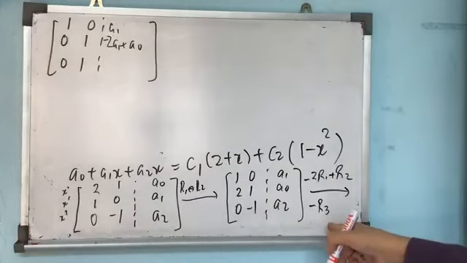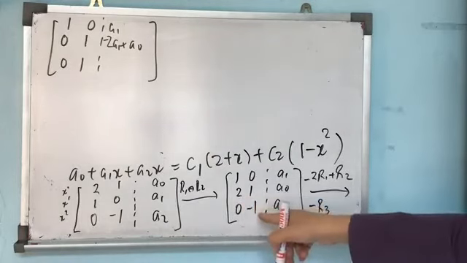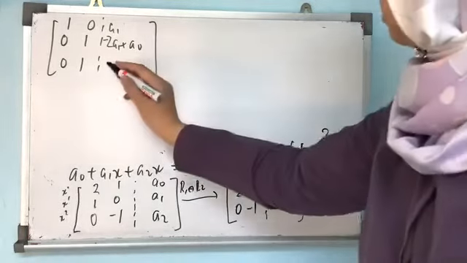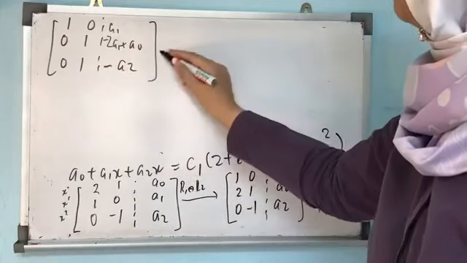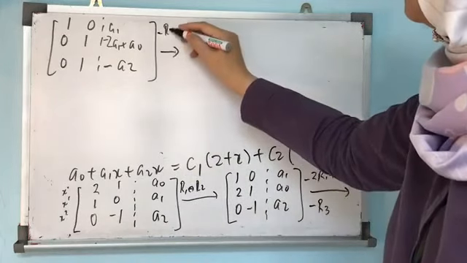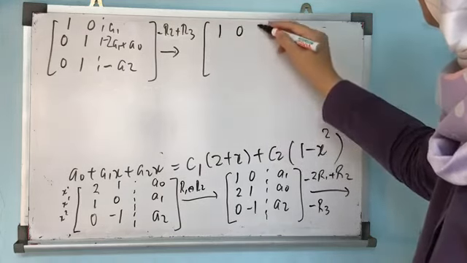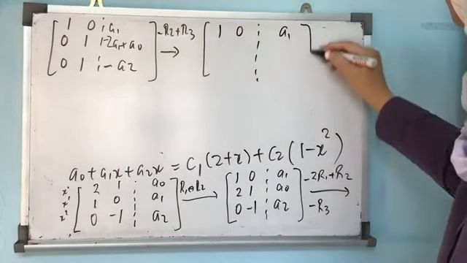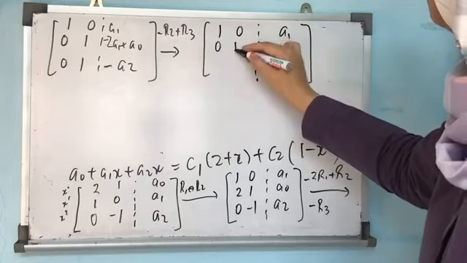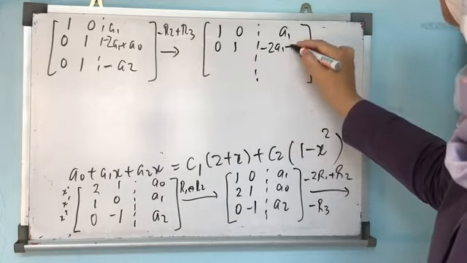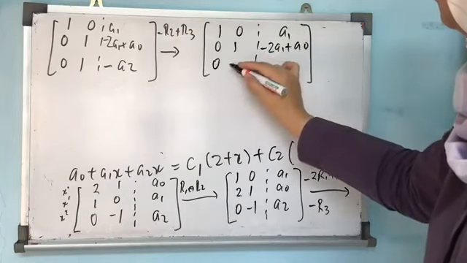Why do I do this? Oh, because this is not yet. 0, 1, negative a2. Okay, and then negative R2 plus R3: 0, 1, negative 2a1 plus a0, 0, 0.